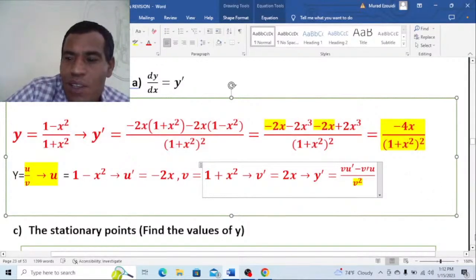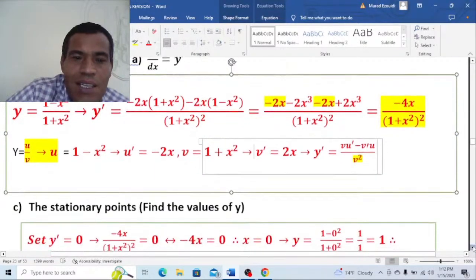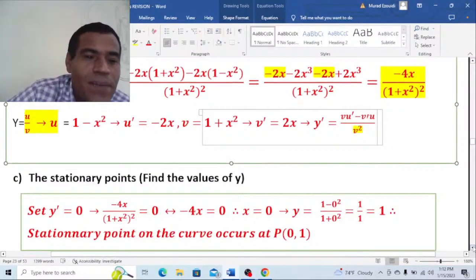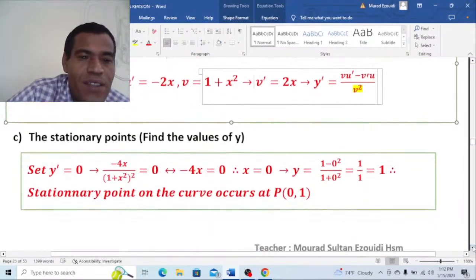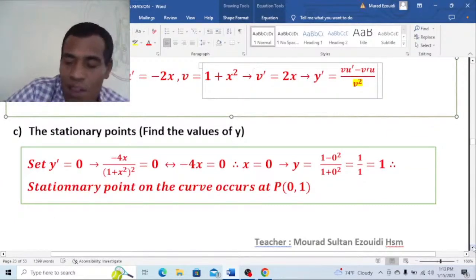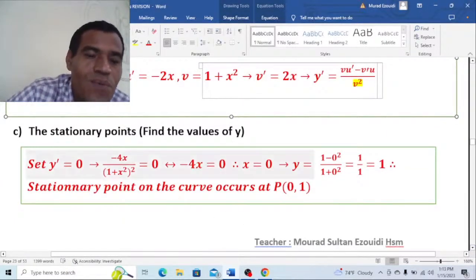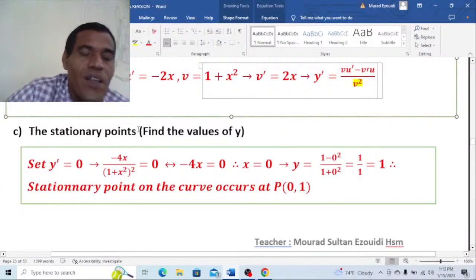For this equation we move to the next part, learners. It is question B, written as: find the stationary point and find the value of y. The stationary point means that you are going to find the x coordinate of this stationary point.